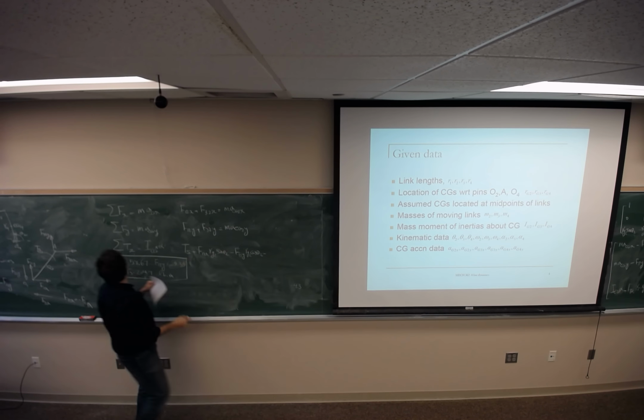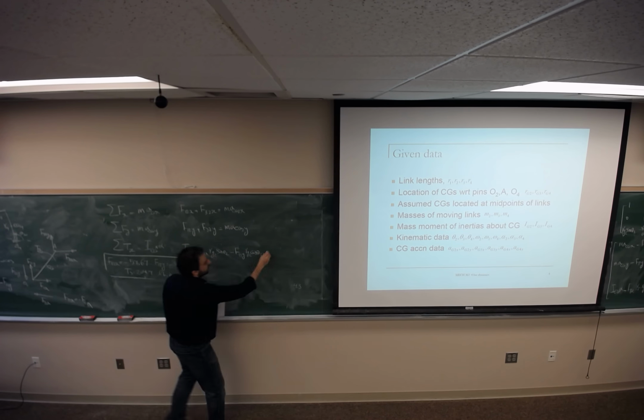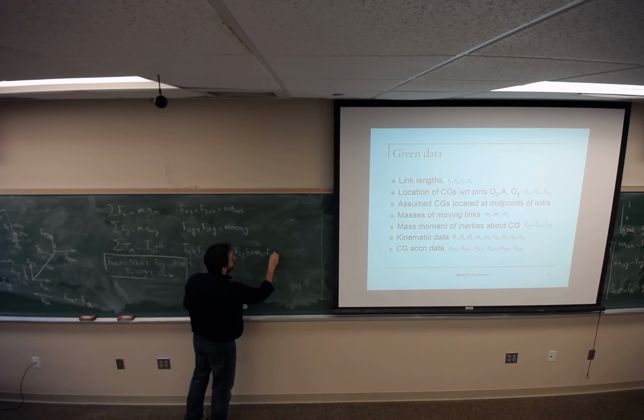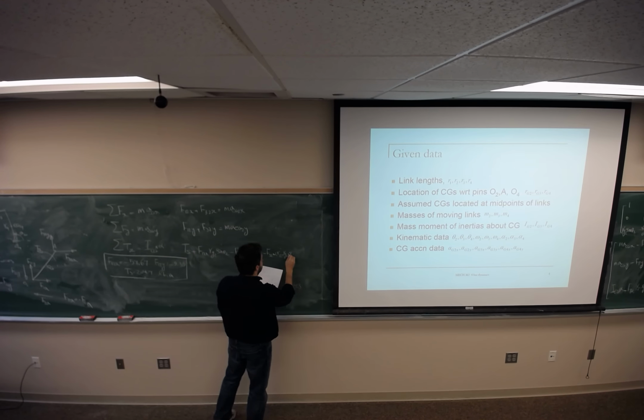Minus this force times this distance, which is making clockwise, so it's negative: F32y times (R2 minus Rg2) sine of theta 2, plus F32x (R2 minus Rg2) cosine of theta 2.